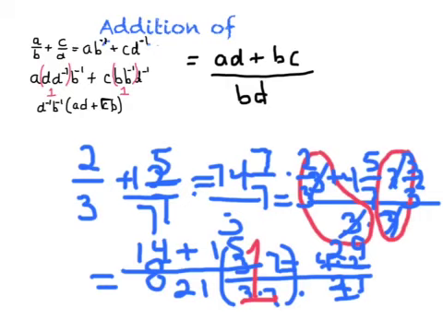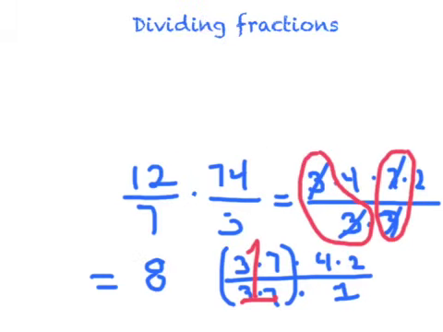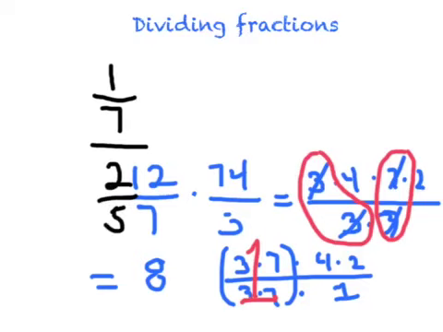You already know how to divide fractions because we've discussed the reciprocal. The reciprocal is what it means to do division. So for instance, if we have 1/7 divided by 2/5, this is the same as saying this is equal to 1/7 times the reciprocal of 2/5.